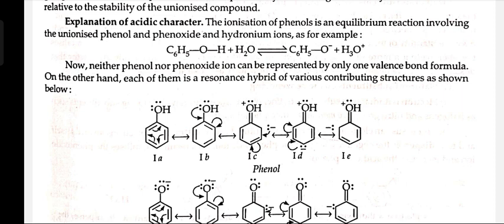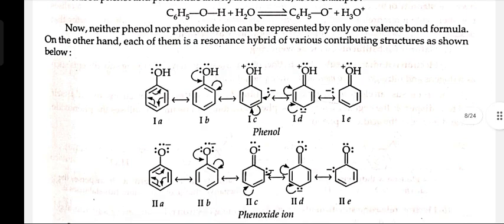The ionization of phenols is an equilibrium reaction involving the phenol, the phenoxide and hydronium ions, as for example shown. Now neither phenol nor phenoxide ion can be represented by only one valence bond formula. On the other hand, each of them is a resonance hybrid of various contributing structures as shown.